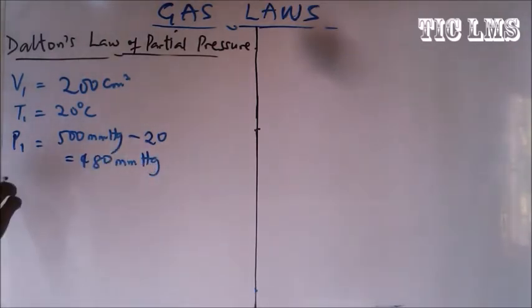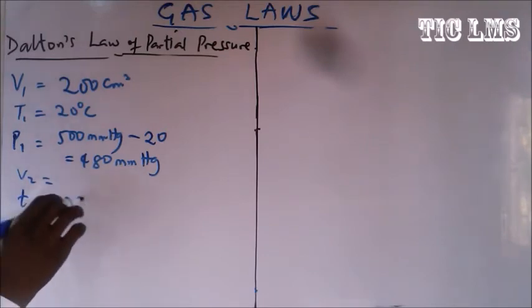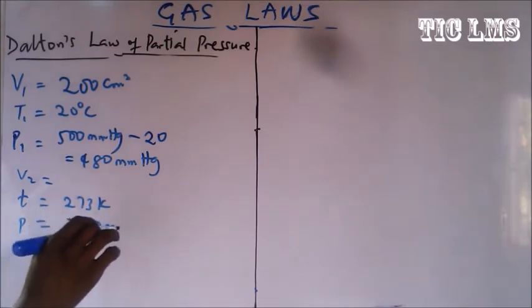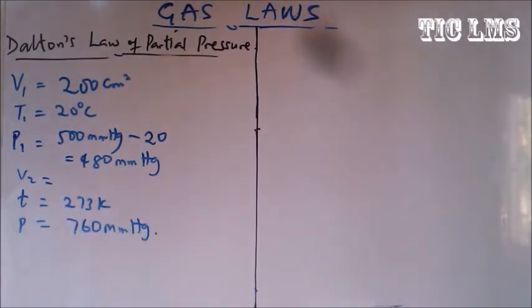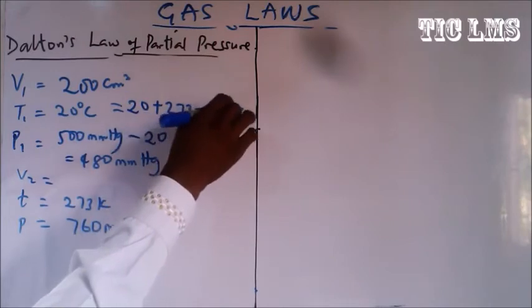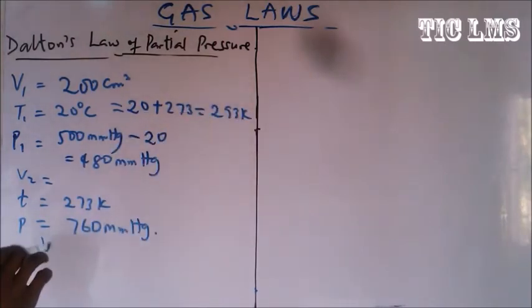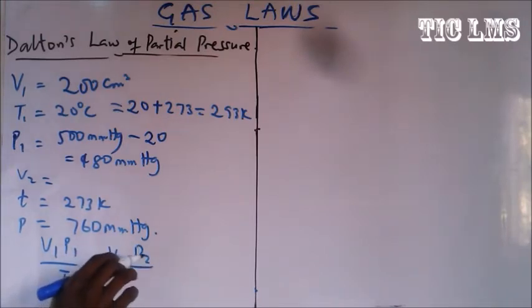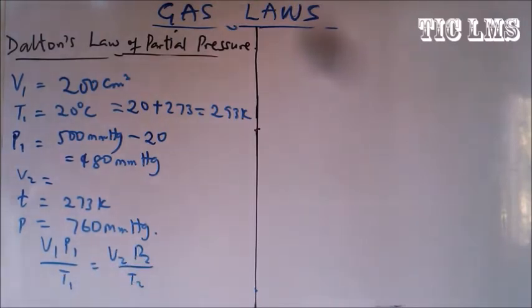Next, we have to determine the new volume of the dry gas at a standard temperature of 273 Kelvin and a standard pressure of 760 millimeter mercury. Alright, so the first is that we need to change this degrees Celsius into Kelvin, and that will be 20 plus 273, and that's 293 Kelvin. Next, we have our formula, which is V1 P1 over T1 equal to V2 P2 over T2. We are to find the value of V2.